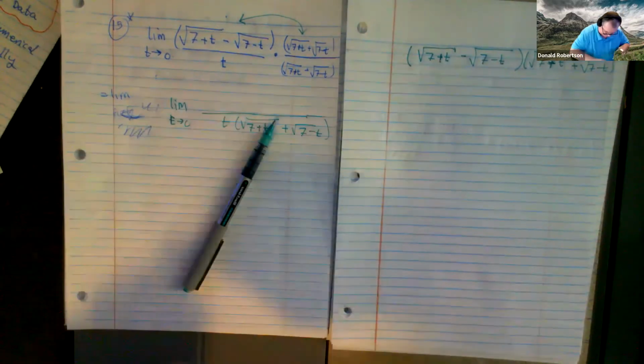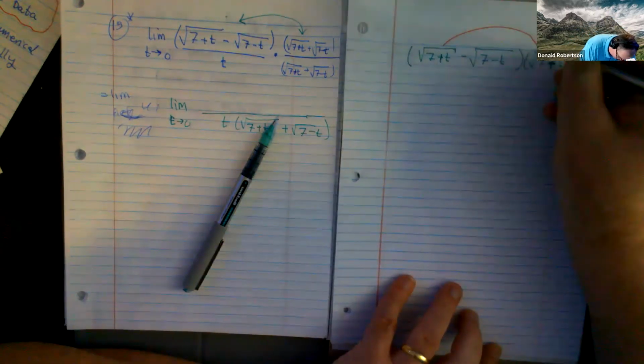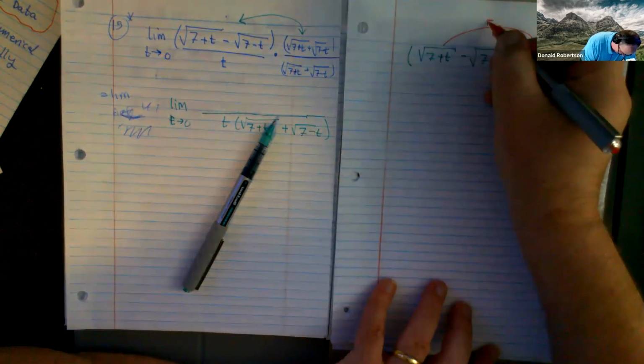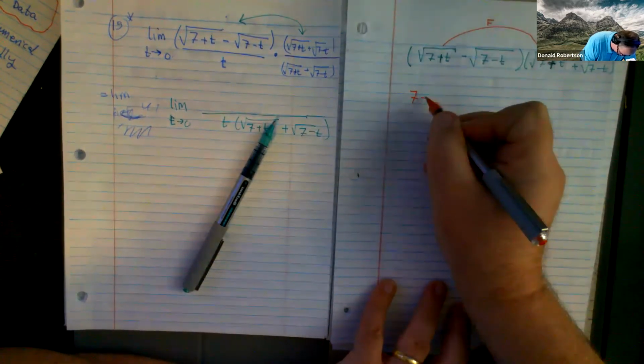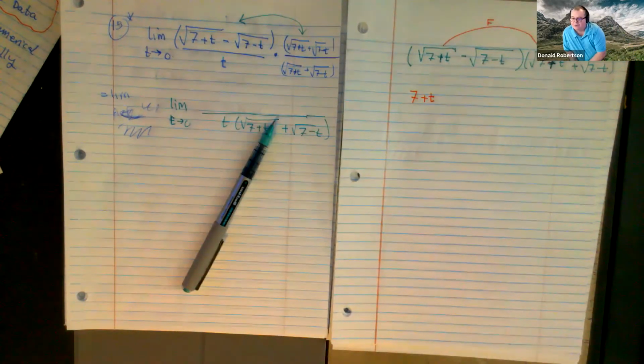So the square root of 7 plus t multiplied by the square root of 7 plus t, doesn't that just get you 7 plus t? You happy with that? The square root of 7 plus t times itself is just 7 plus t.